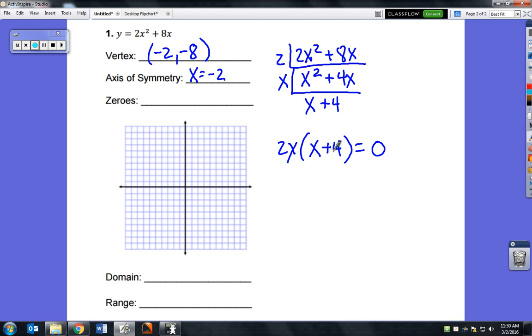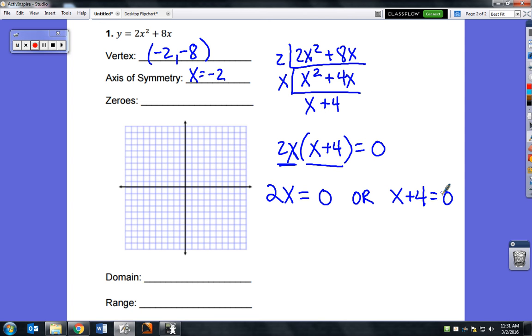Now remember, whenever I am multiplying two things and my product is 0, that means one or both of the factors that I am multiplying are equal to 0. So to find the zeros, I set 2x equal to 0, or my x plus 4 could be 0.